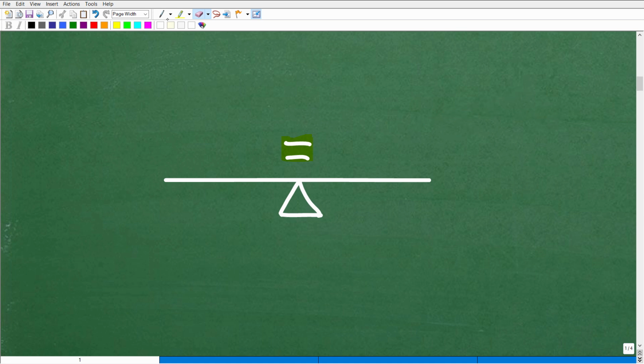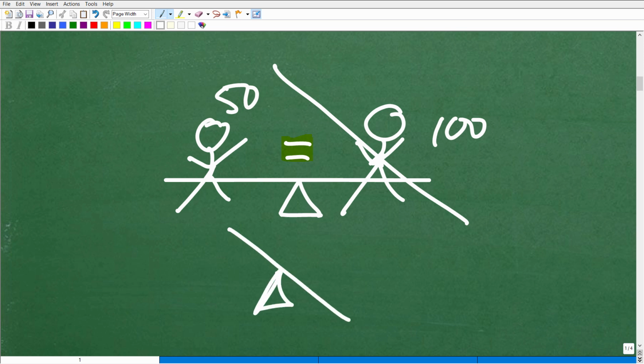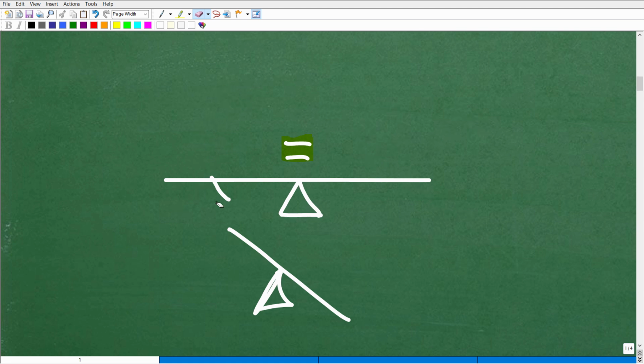Now, if a person over here weighs, let's say, 100 pounds, and over here this person is 50 pounds, well, this is not equal, right? Our scale is going to tilt like so. That's not the case with an equation. In an equation, we have the left-hand side equaling the right-hand side.